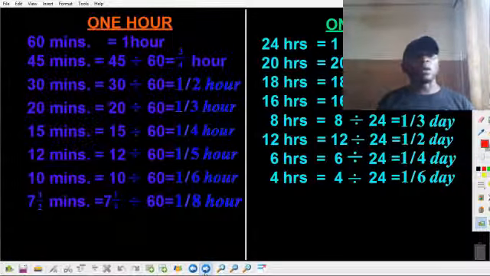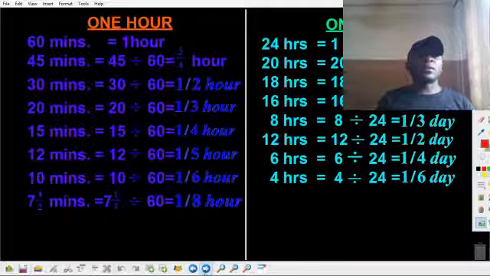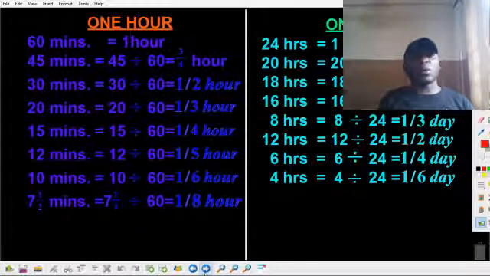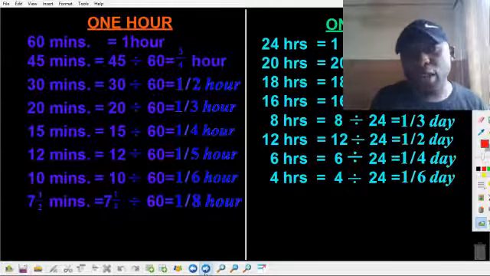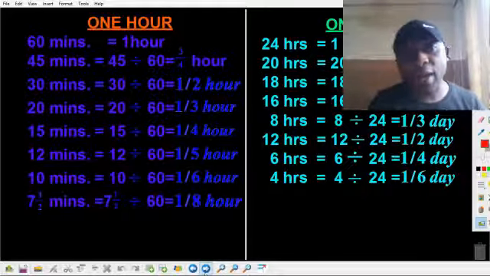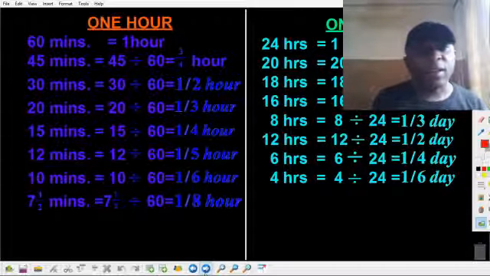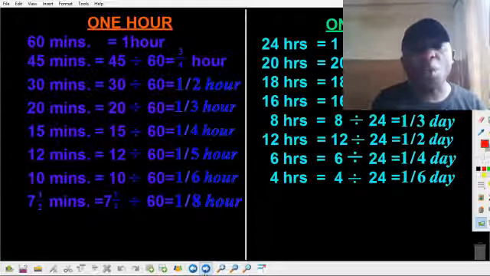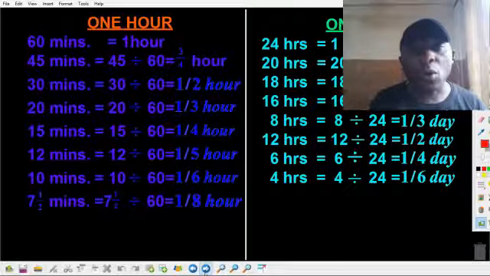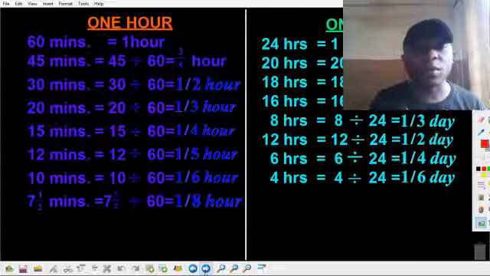Now hour. Learners, or probably I will say pupils, should be able to learn how to convert minutes to hour. This will help them in working out the solutions to most of the questions.